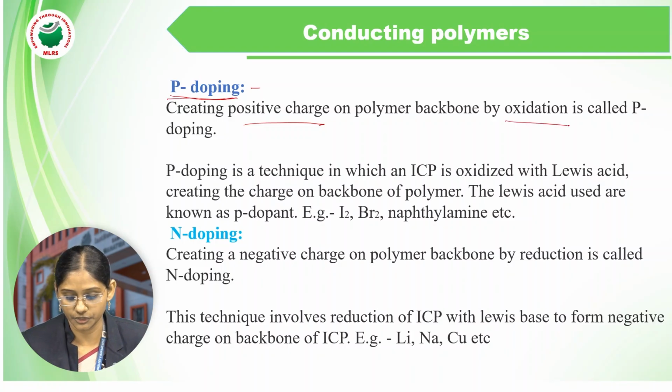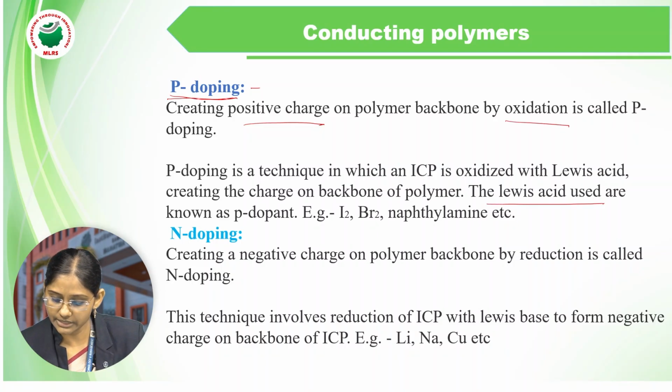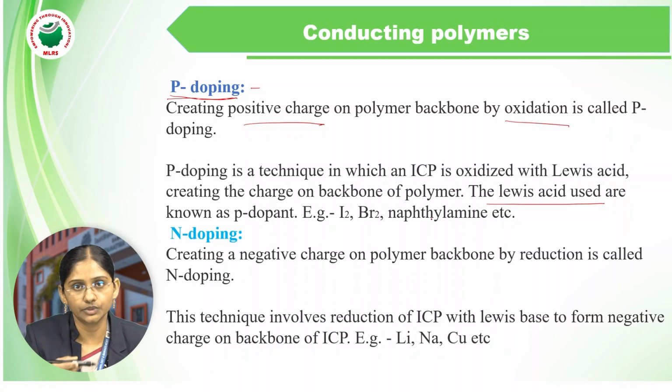By doing oxidation. When we add a Lewis acid to the polymeric chain, it is called oxidative doping, so it is called oxidation. How can we do oxidation to the conducting polymers? By adding the Lewis acid.